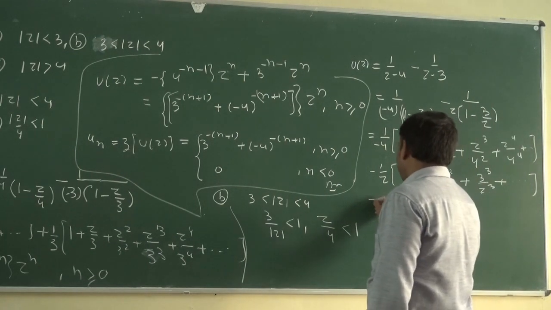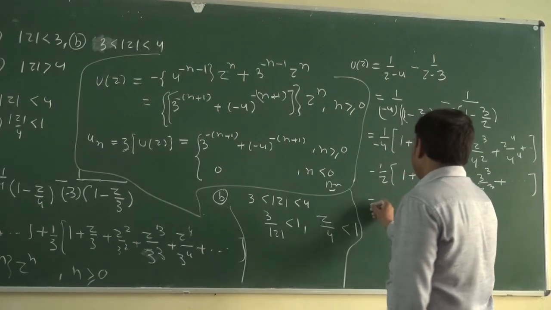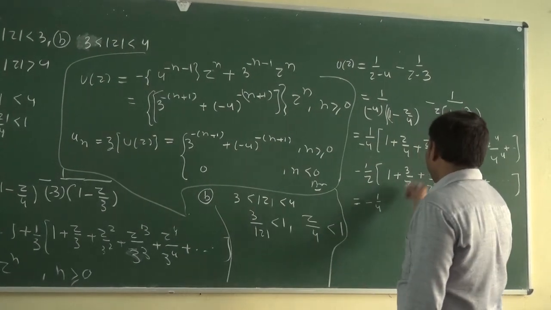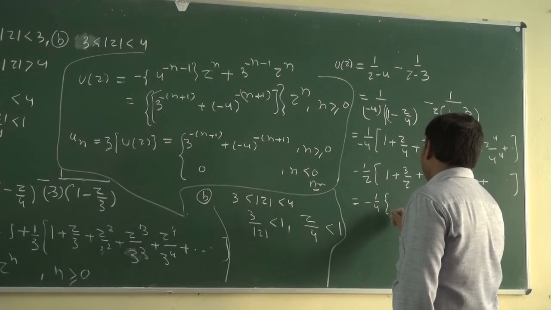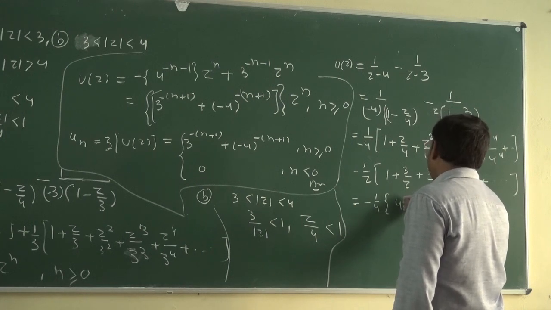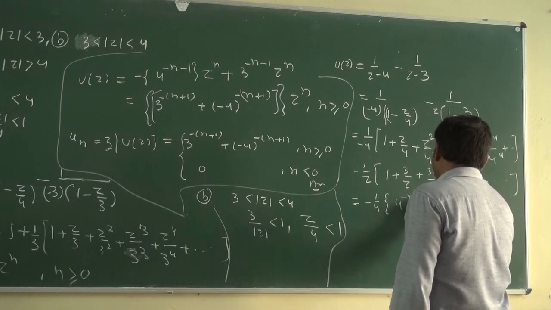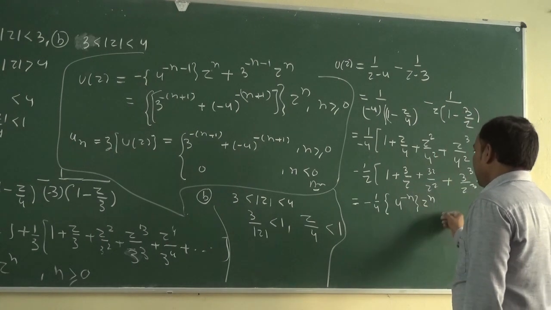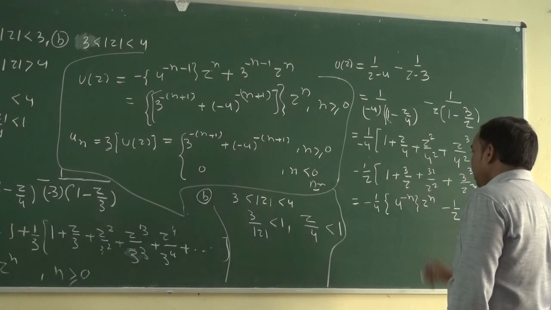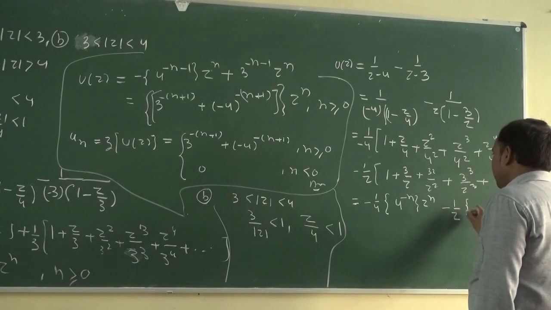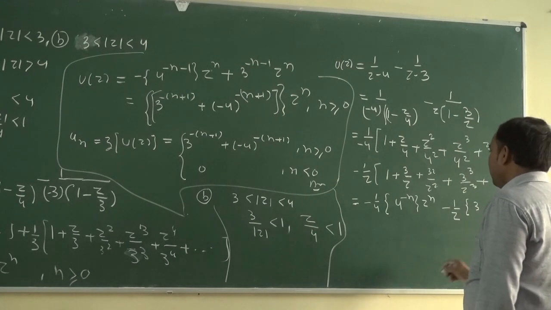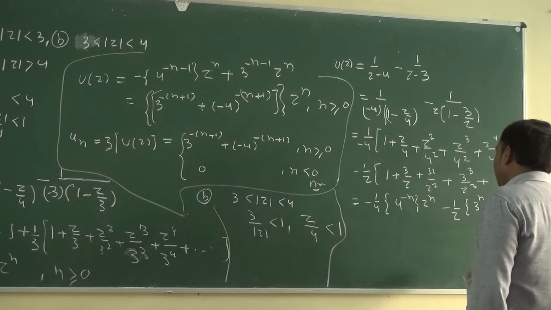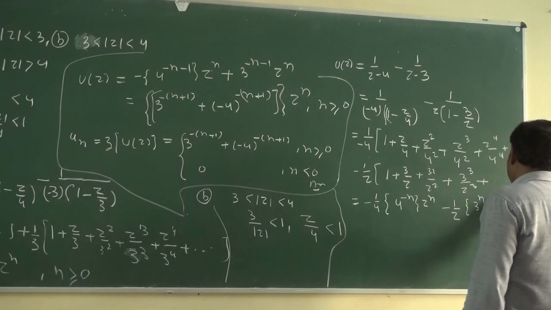This expression in terms of a sequence can be written as minus 1 upon 4 times 4 to the power minus n z to the power n, minus 1 upon z times 3 to the power n z to the power minus n.